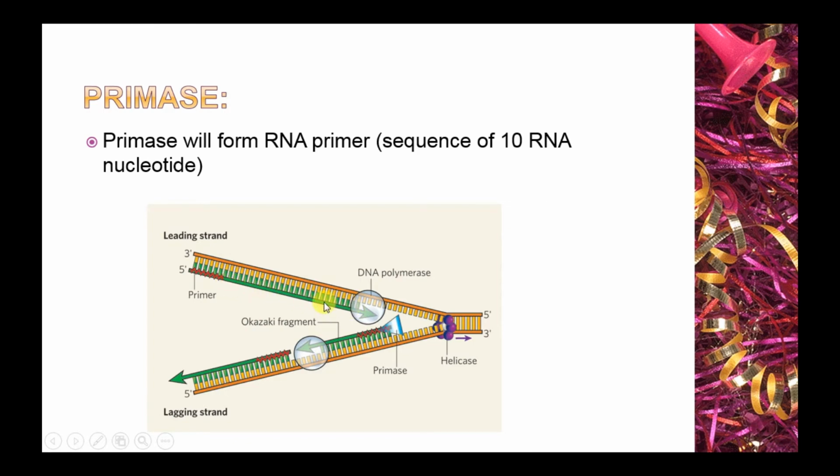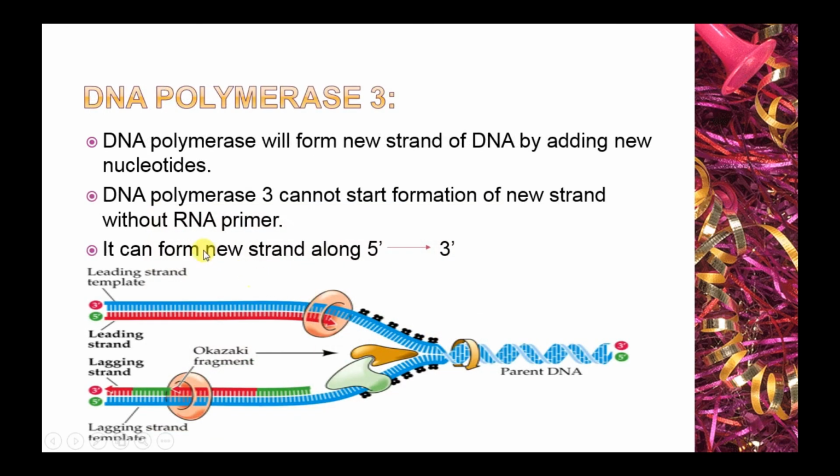Another most important thing is that it can form a new strand along the 5' to 3' direction only. As you know, the two strands of DNA are anti-parallel to each other.